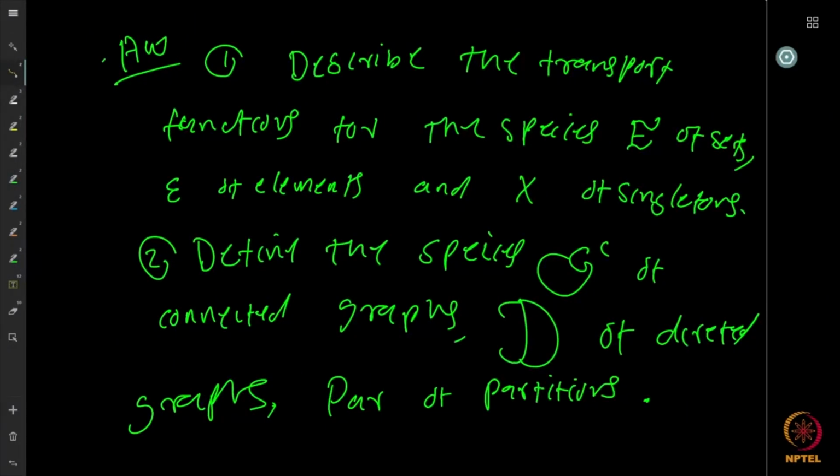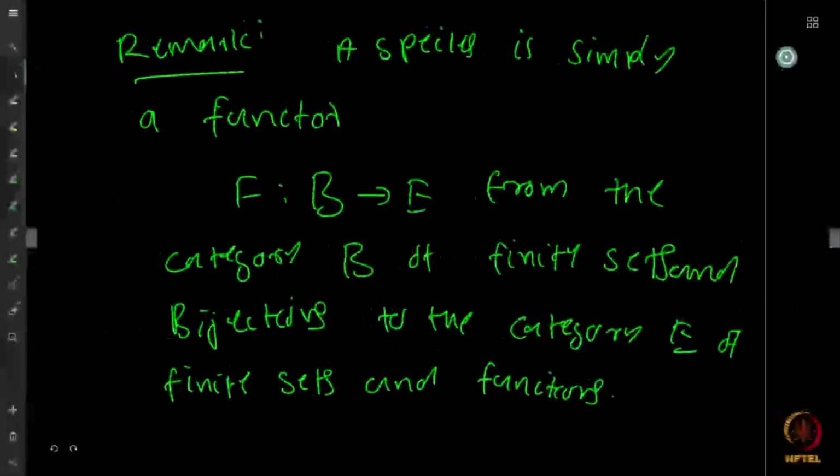Now, some homework questions. Describe the transport of functions for the species E of sets, species E of elements, and species X of singletons. So basically, you have to see what happens whenever a bijection is given and what will be the corresponding transport. We, for example, gave the example of graphs, the species G of graphs, and then what happened to the transport?